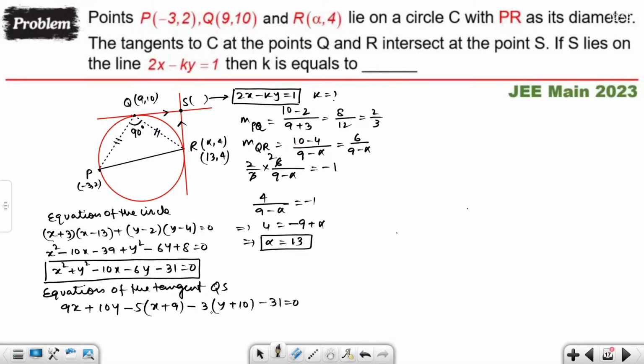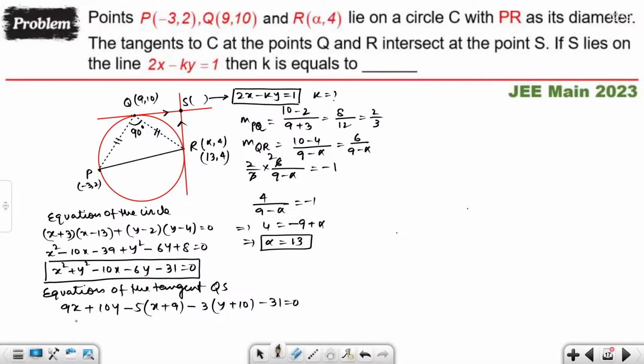I have used the Cartesian form because the Cartesian form of the tangent can be found if you know that the point is on the circle, and here the point Q is on the circle. That is why I found the equation of the tangent QS by using the Cartesian form.